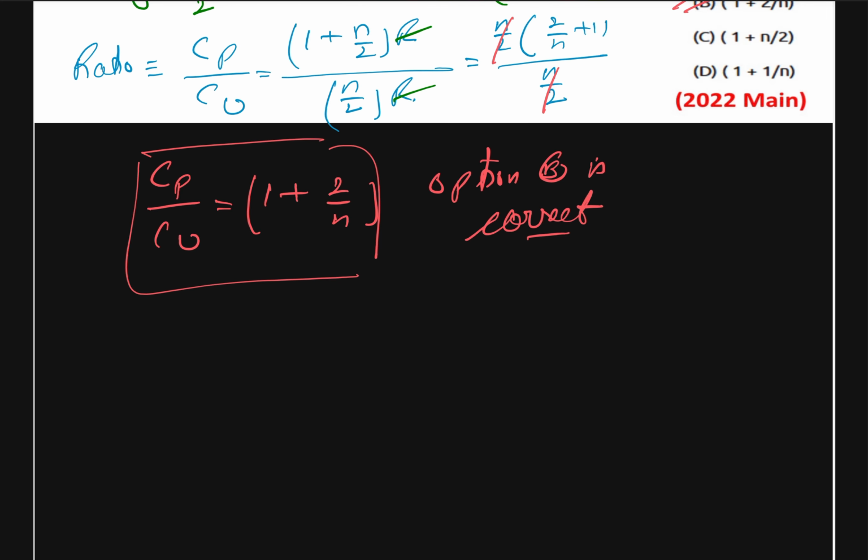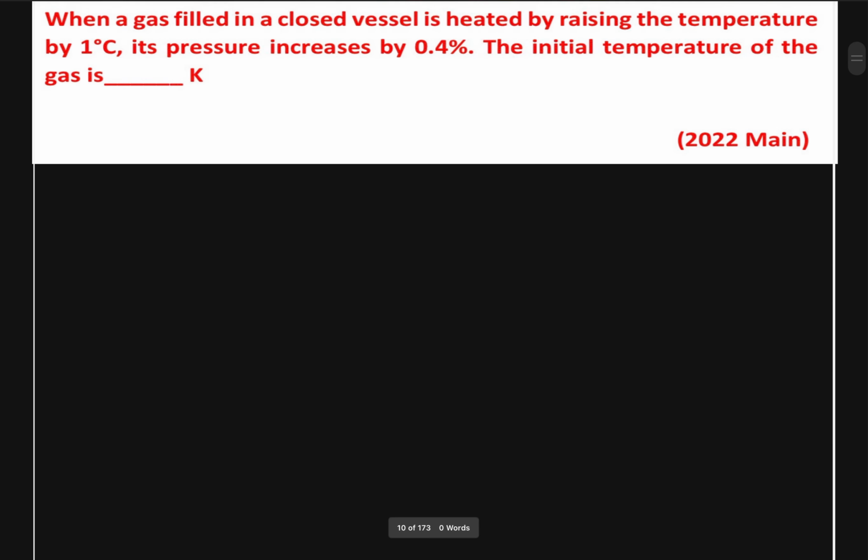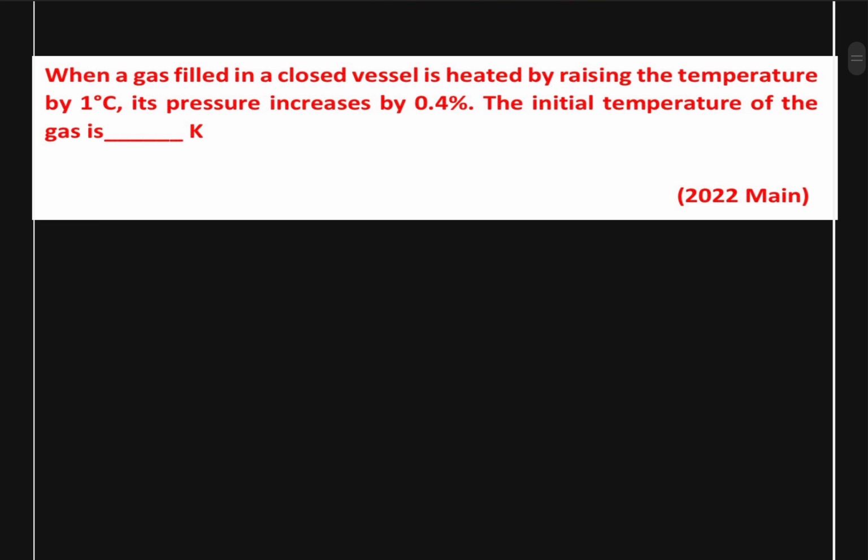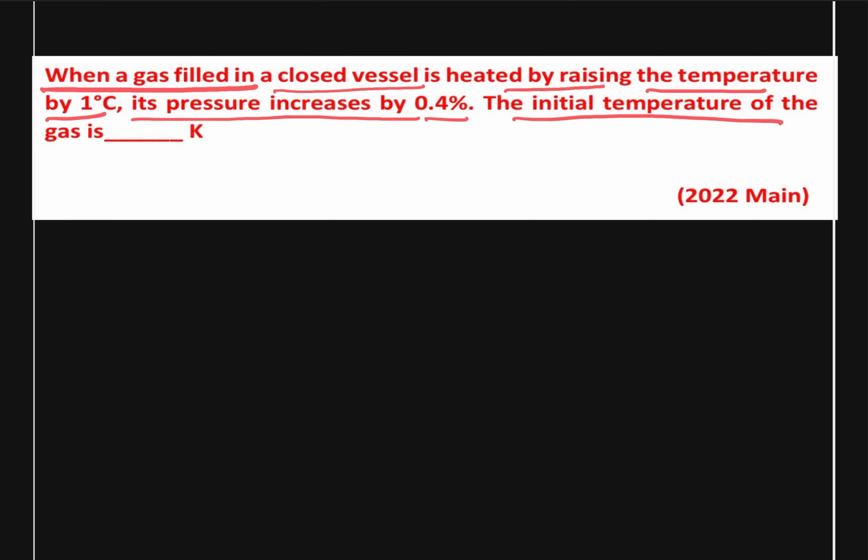Next question. It states that when a gas filled in a closed vessel is heated by raising the temperature by 1 degree centigrade, its pressure increases by 0.4%. The initial temperature of the gas is.